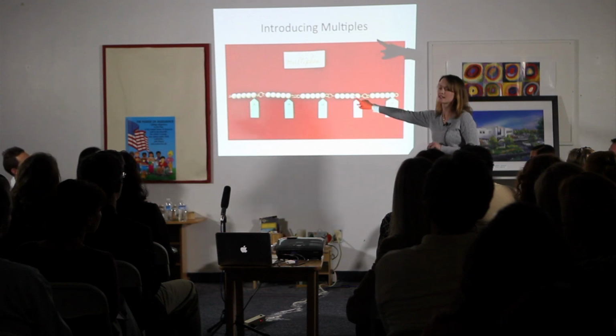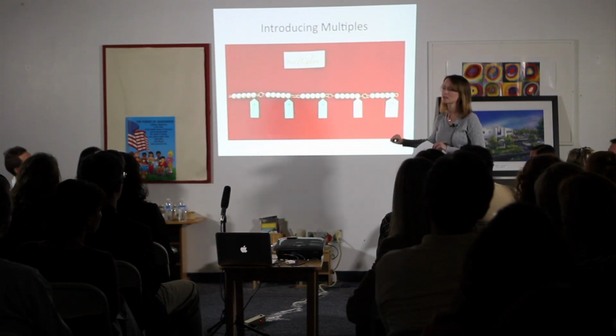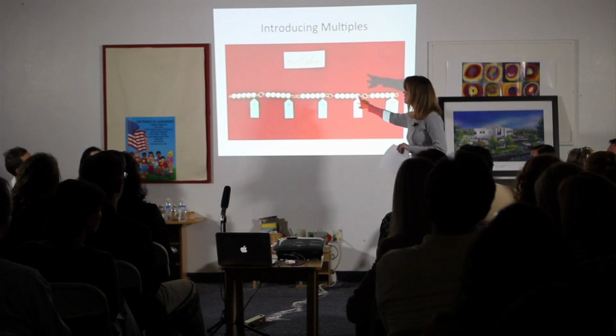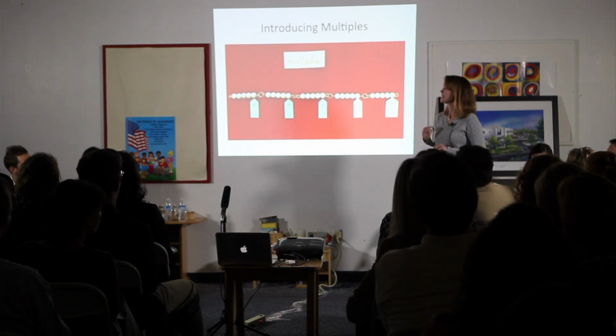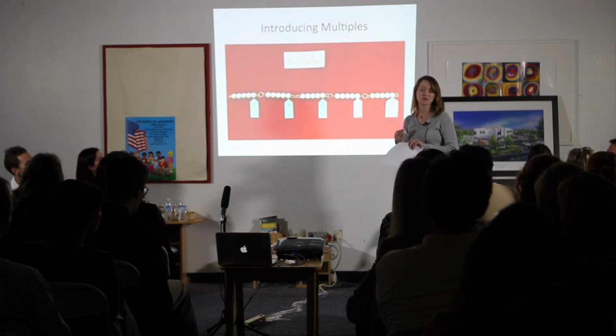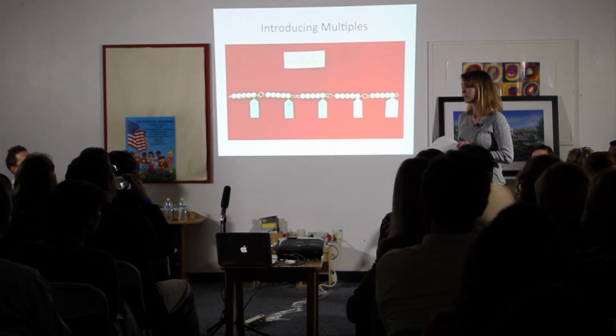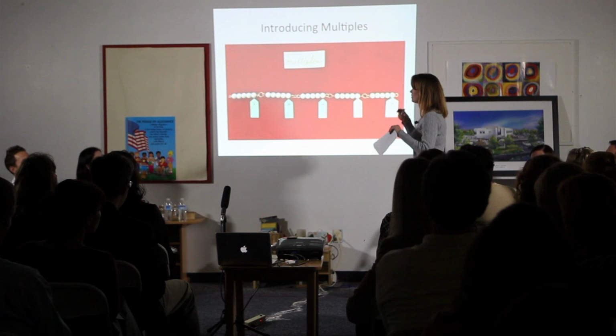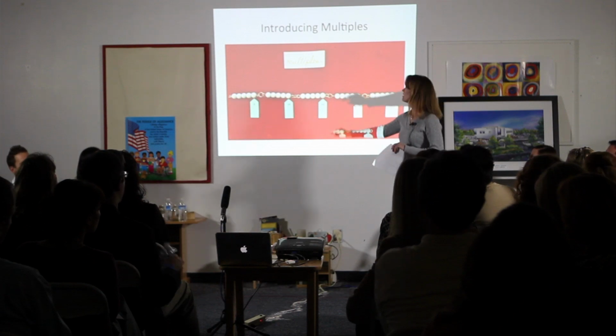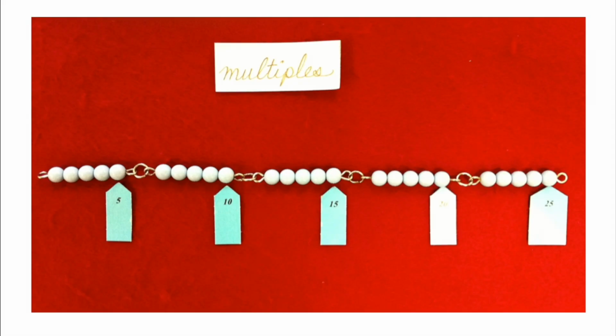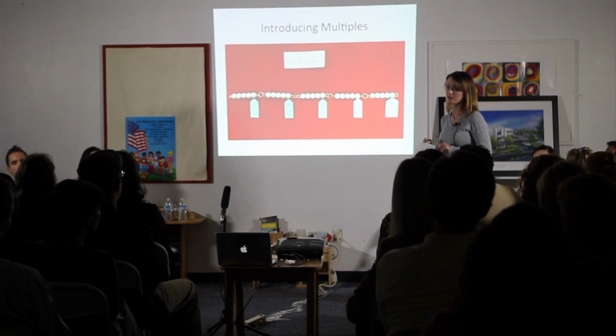The 15 contains 5 3 times. 20 is made up of 5 4 times. And each of these has a special name, and that name is that they are multiples of 5. So we show them, using a basis that they're already familiar with, 5 is a multiple of 5 because it contains 5 1 time. 10 is a multiple of 5, it contains 5 2 times, and so forth. And at this point, the teacher would write that little slip on the top to isolate and highlight the vocabulary.